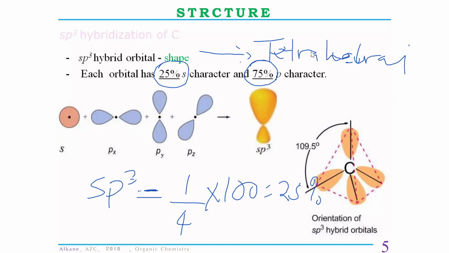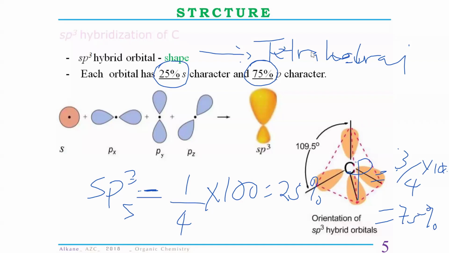And then of course, this one is for the s, and for the p orbitals also, we have 3 different p. So we have 3 divided by 4 times 100. After you do it, we get 75% of p character. So this is how the percentage is calculated.